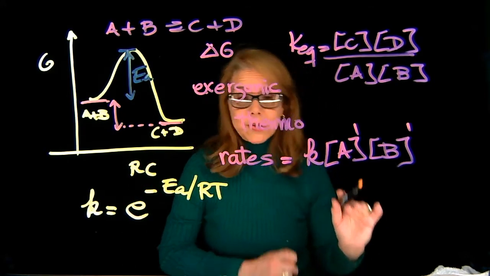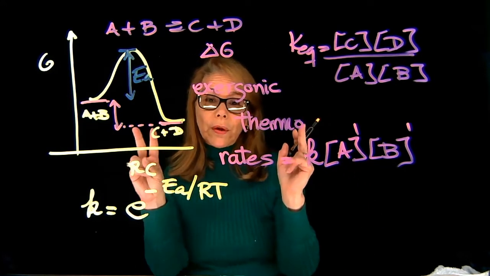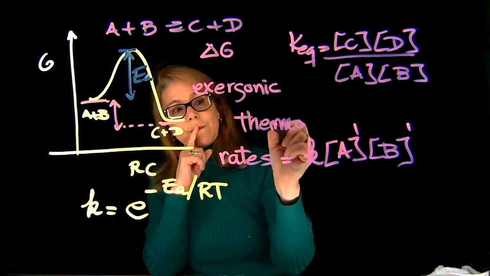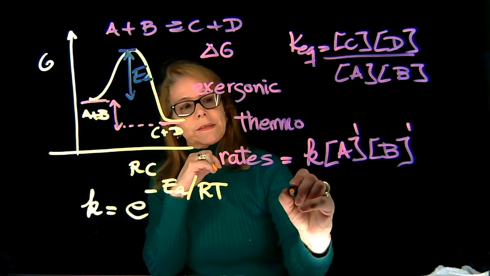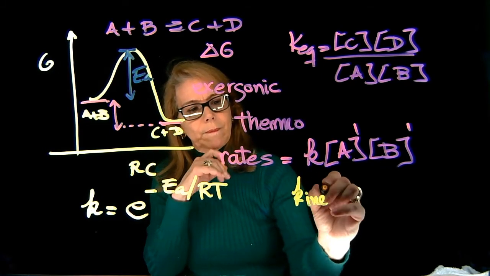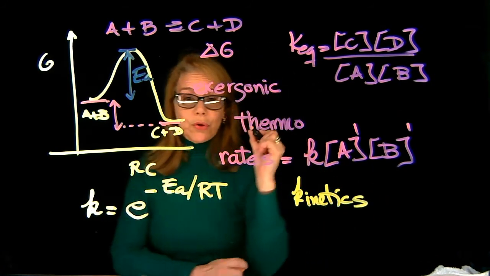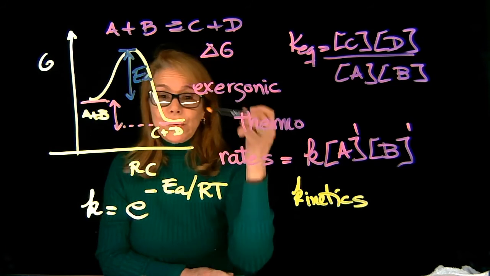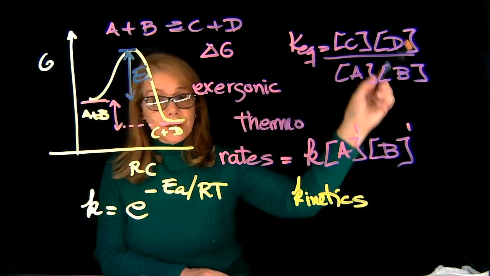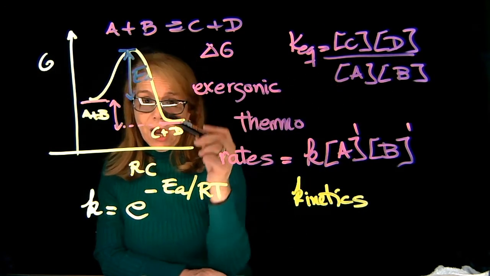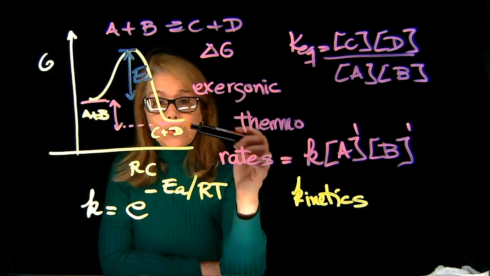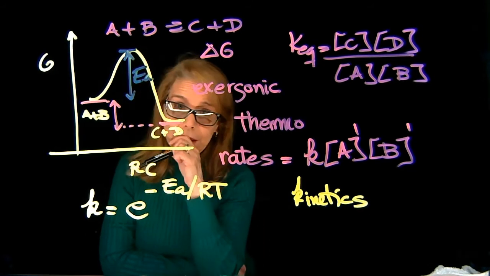What I want you to focus on is that we have two factors, thermodynamics and kinetics. So the two things play a role. When you're talking about thermodynamics, you are talking about the position of the equilibrium, and that depends on the difference in energy between reactants and products.